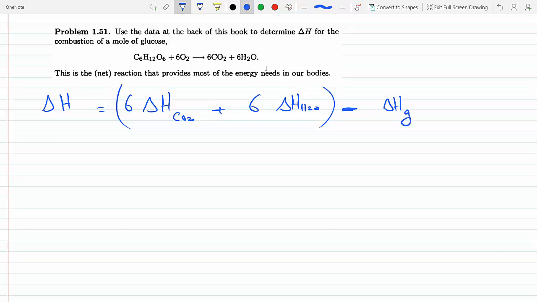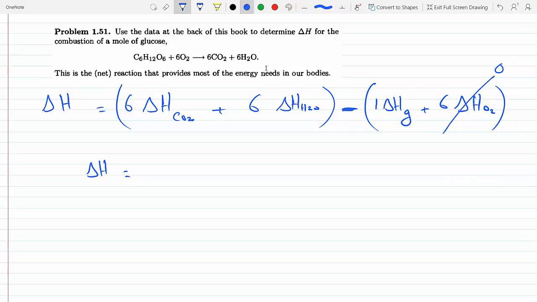I'll summarize it as G times 1 plus 6 times delta H for oxygen, O2, which would be 0, by the way, because this is the amount of energy it takes to create the molecule from its constituent elements, but O2 already exists as O2, so it doesn't take any energy, more or less, to make it, so the last one would be 0.